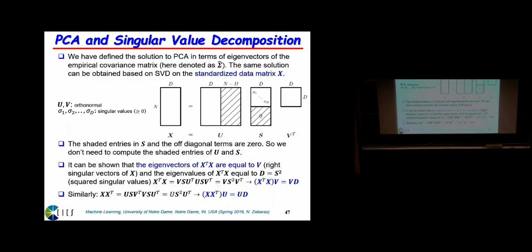It is V, and the eigenvalues are defined by the S squared matrix, which I call D here. And similarly, if you form X X transpose the other way around, it comes out that the eigenvectors of X X transpose are really U, and again, the eigenvalues are equal to D.